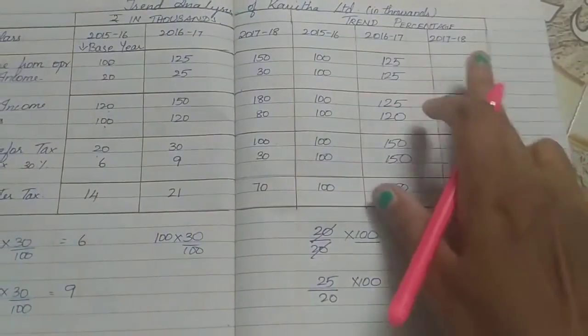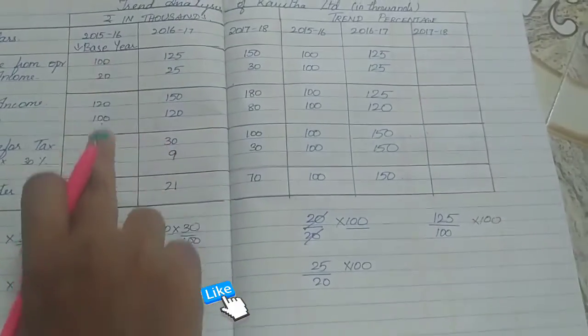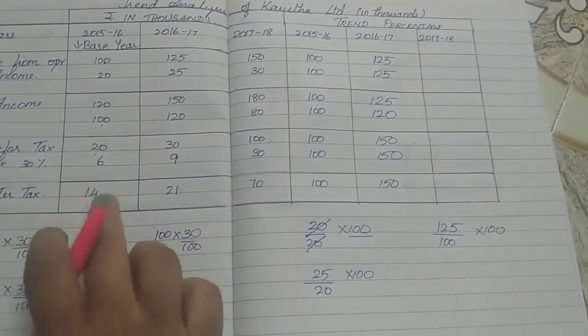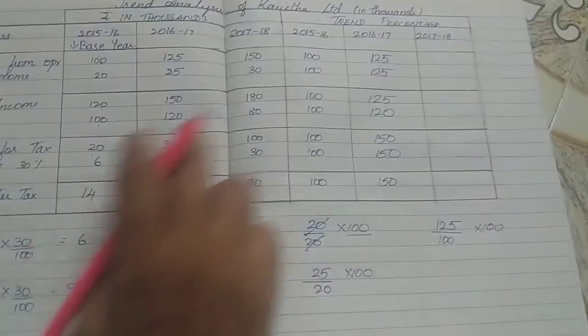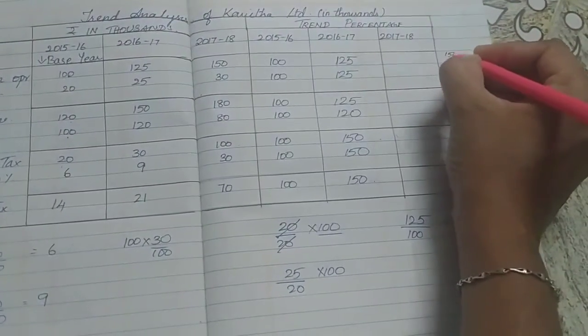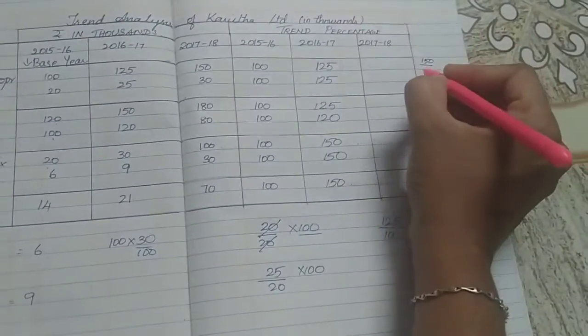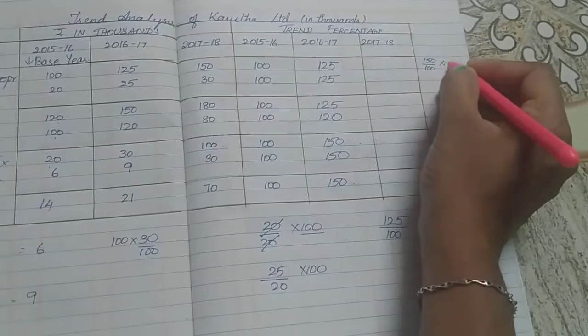Now, let's go into the year 2017-18. Again, my base year is the same. That is, 2015-16 is going to be my base year or my denominator. So for 2017-18, it's going to be 150 divided by the base year, 100, into 100.